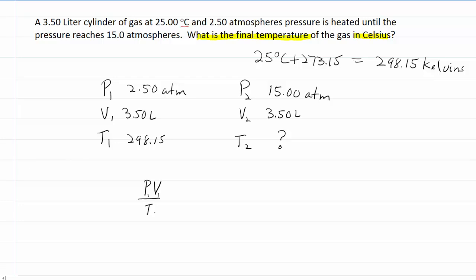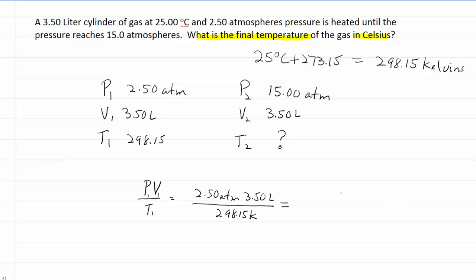So our P1V1 over T1 is going to be 2.5 atmospheres, 3.5 liters, 298.15 kelvins.